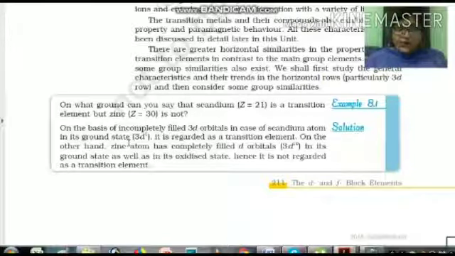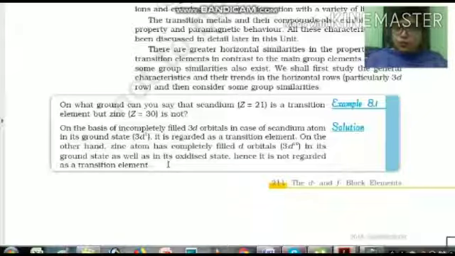do its electronic configuration in the ground state, it shows 3d1. Okay, it is incompletely filled. On the basis of the incompletely filled d orbital, scandium in its ground state has 3d1, so it is regarded as a transition element. On the other hand, the zinc atom has a completely filled d orbital, that is 3d10, in its ground state as well as in its oxidized state.